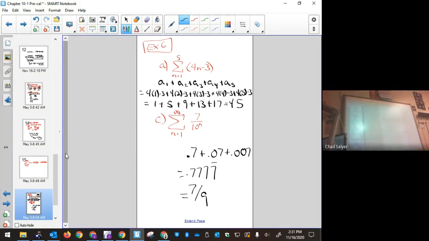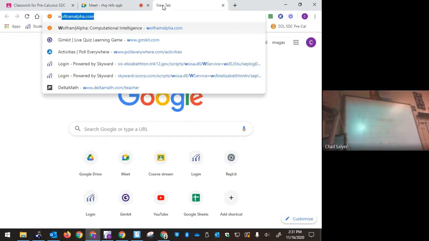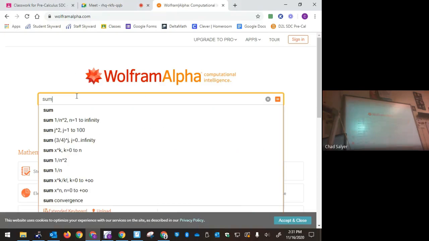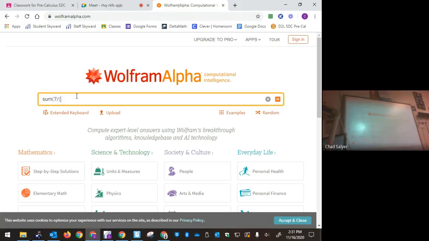So an alternative, when the TI fails, is good old Wolfram. Wolfram can make short work of this problem. At least I hope it can. Don't let me down, Wolfie. So we want the sum of 7 divided by 10 to the x power from x equals 1 to x equals infinity.